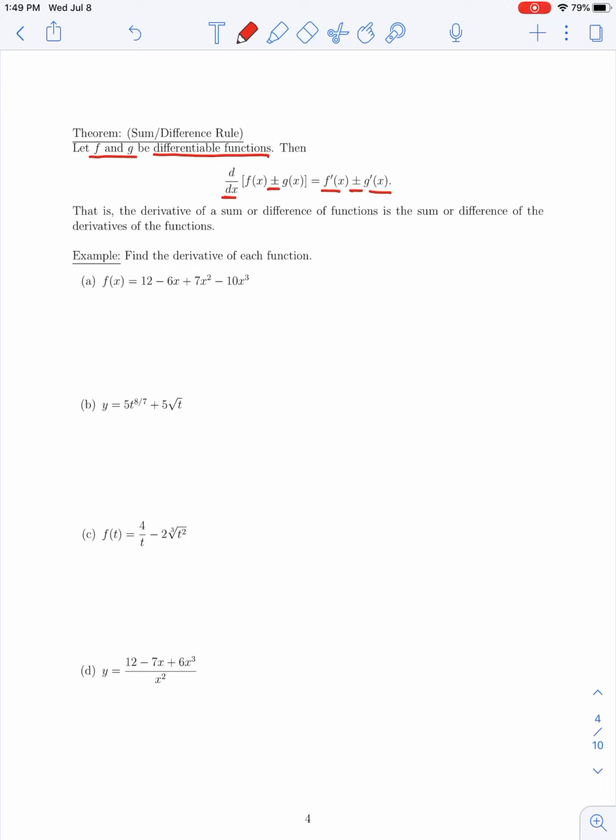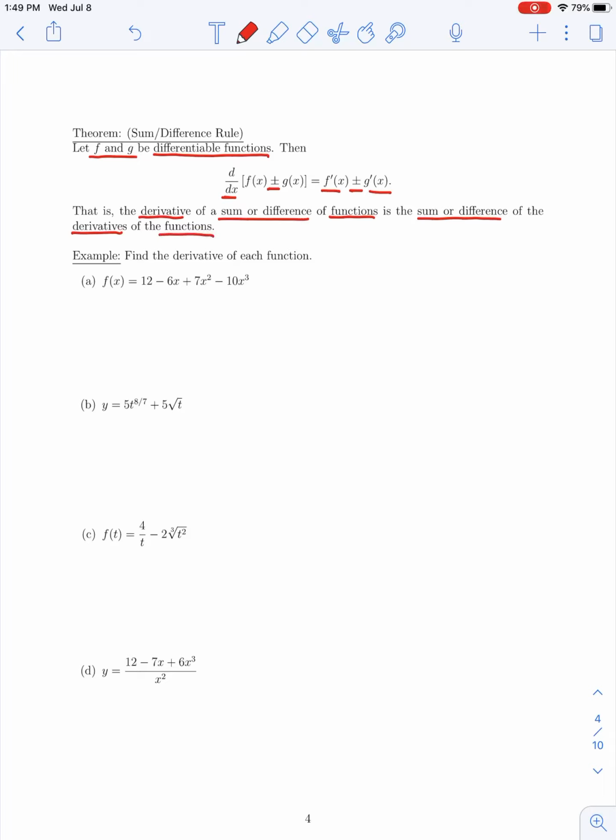That is f prime of x plus or minus g prime of x. So this means that the derivative of a sum or difference of functions is equal to the sum or difference of the derivatives of those functions.